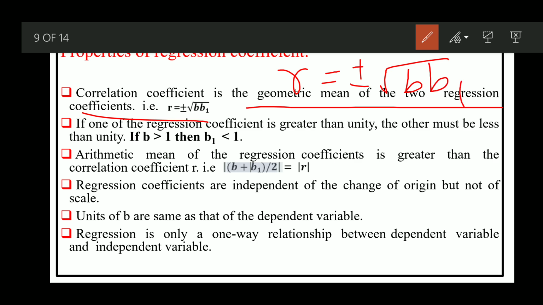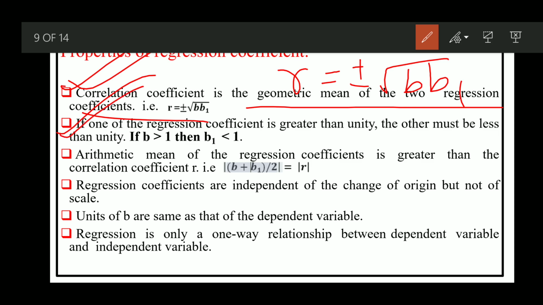Here b stands for the regression coefficient of y on x, and b1 is the regression coefficient of x on y. This first property is also known as the fundamental property of regression.